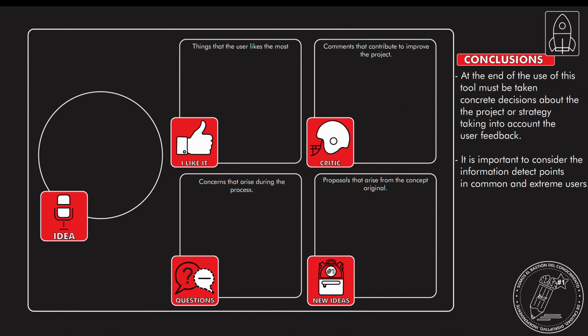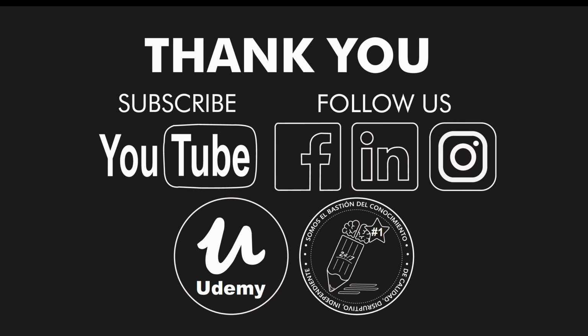The idea here is that each one of the users that are testing develops one of these matrices, and we can analyze all the information to see if we have to refine our idea, if it's validated, or what's going on. That is extremely important, and it is a really helpful tool.